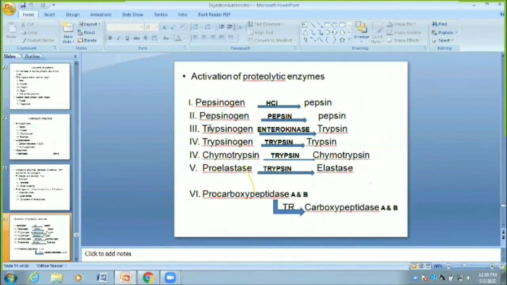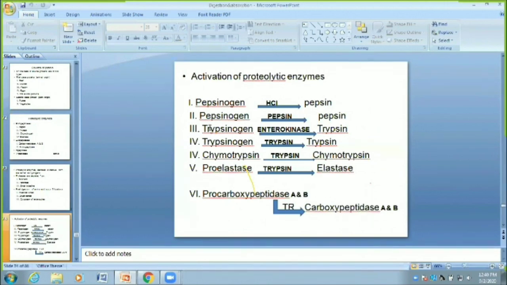This is the figure that shows activation of proteolytic enzymes. Inactive pepsinogen is converted to pepsin by hydrochloric acid. When small quantities of pepsin are formed, they can be responsible for conversion of pepsinogen to pepsin. This is called autocatalysis.